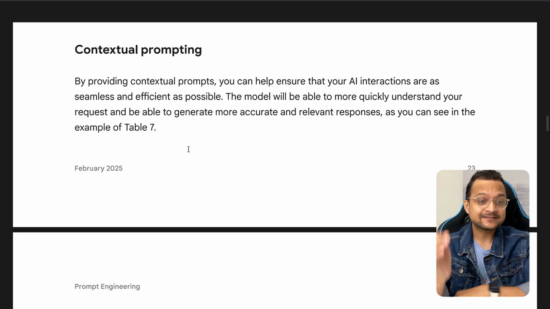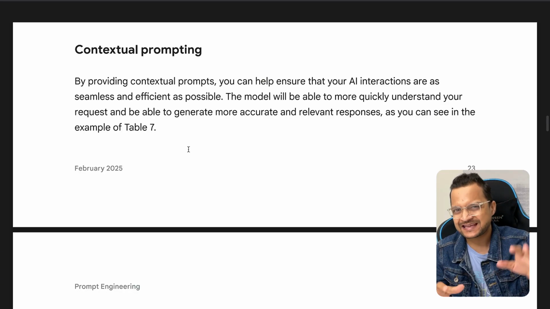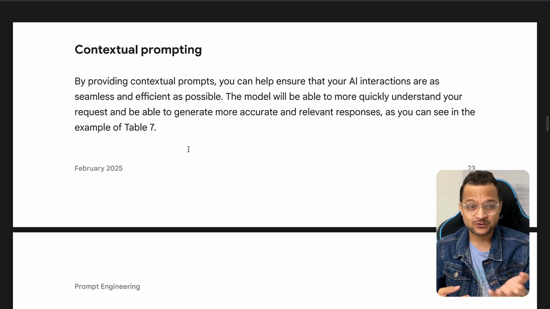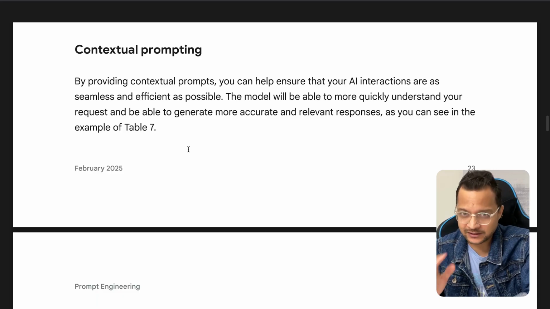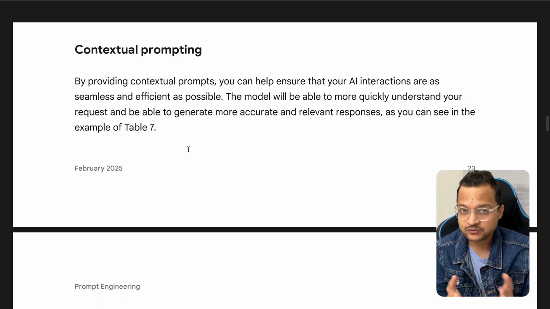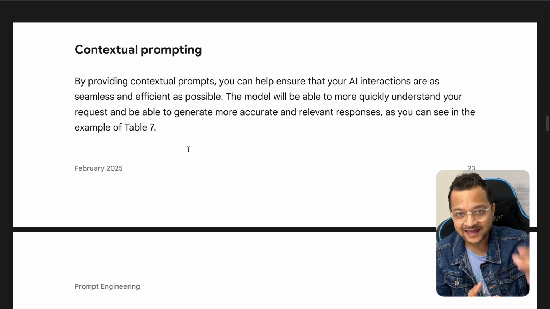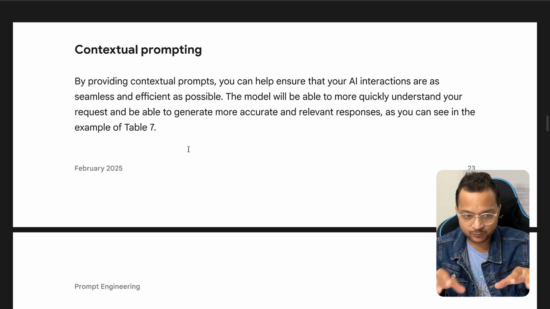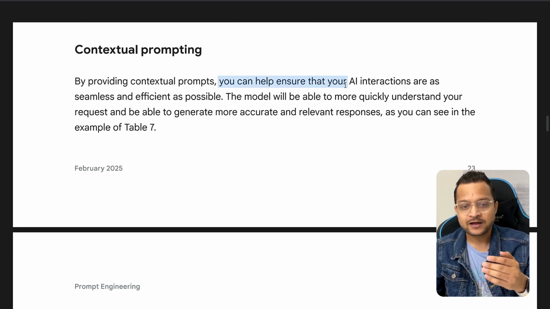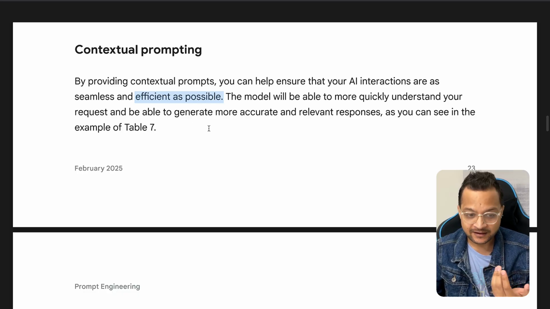Okay, next one is contextual prompting. Contextual prompting is another big thing which nobody uses. I have also not used it many times, but it is really powerful. Contextual prompting basically tells the AI what exactly we are going to do in this prompting. By providing the contextual prompt, you can help make your AI interactions as seamless and efficient as possible.